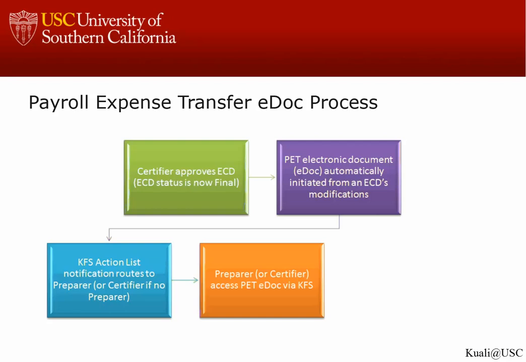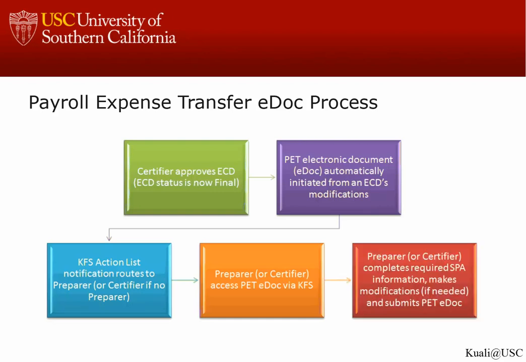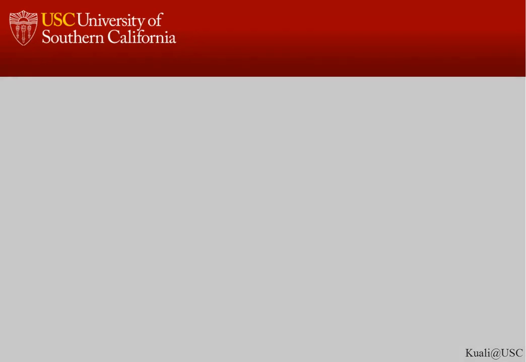The PET EDOC can be accessed from the Kuali Main Financials menu. After you verify that the information on the PET document is accurate, you must then complete the required Sponsored Project Accounting Information section of the document, make any modifications if needed, and then electronically submit the PET e-doc.